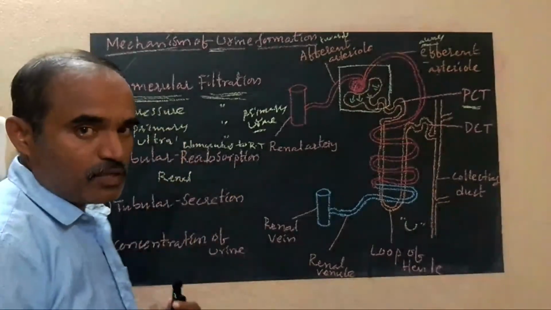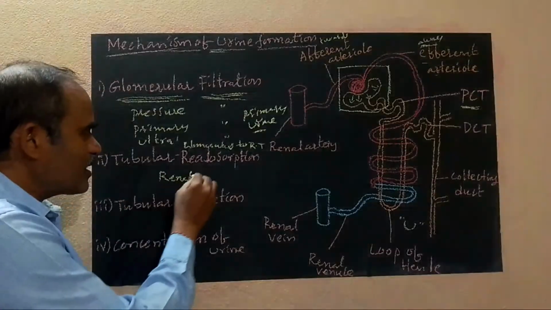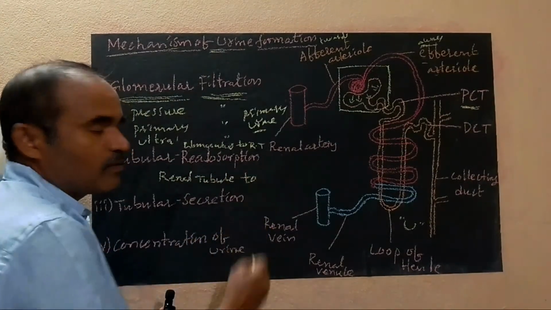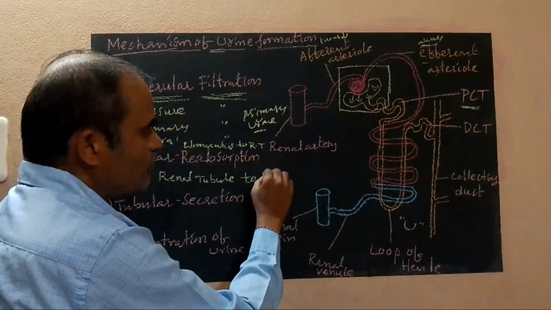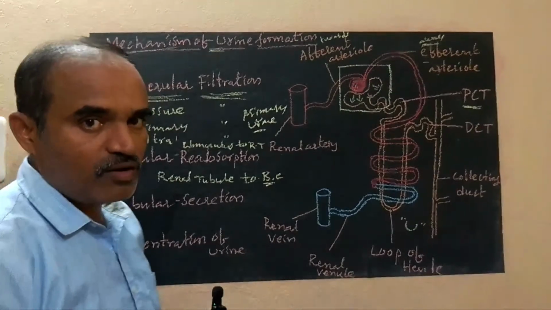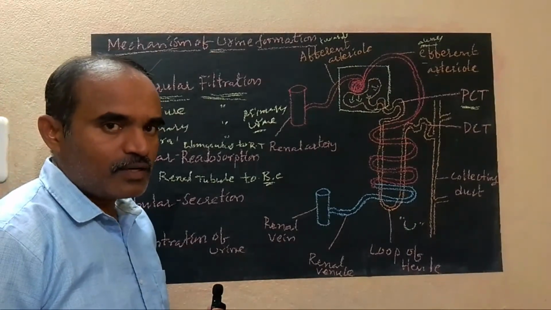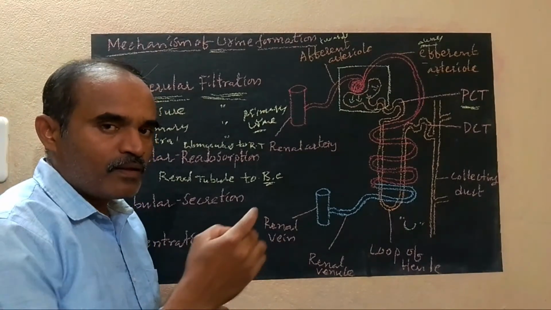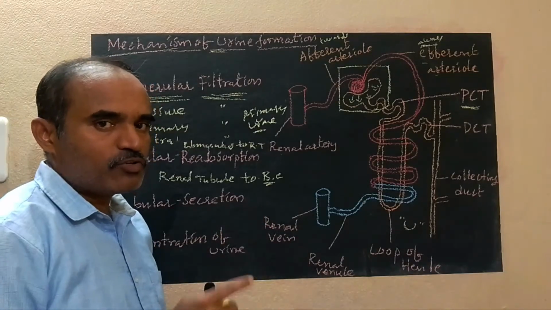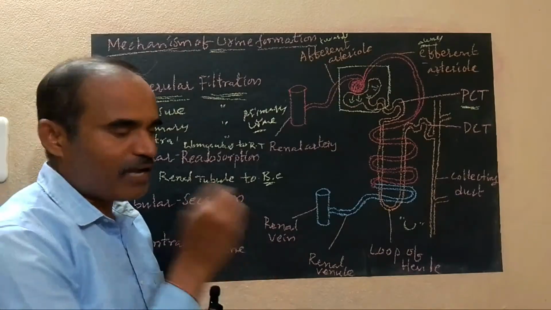Now, from the renal tubule to the blood capillaries, the network of peritubular capillaries.